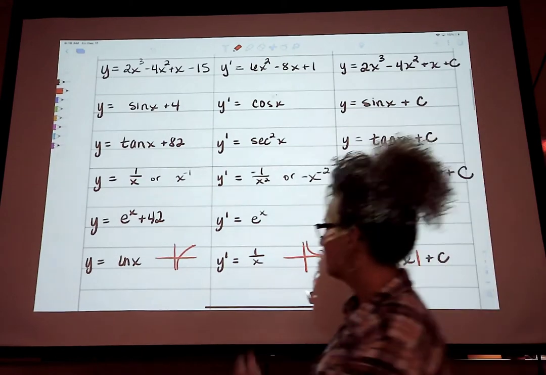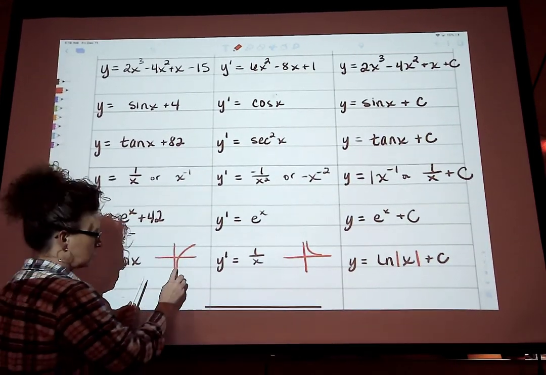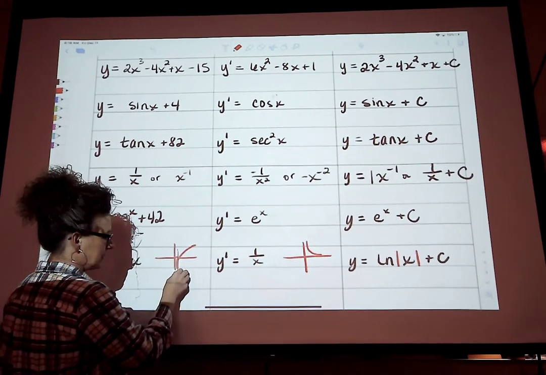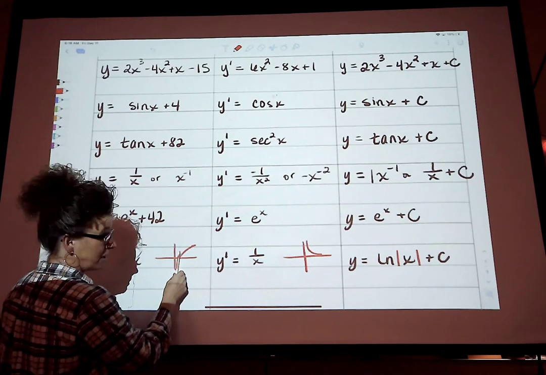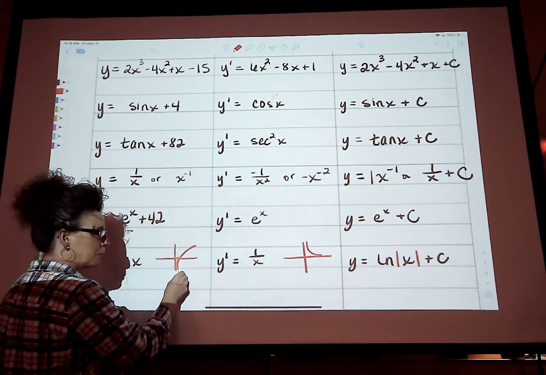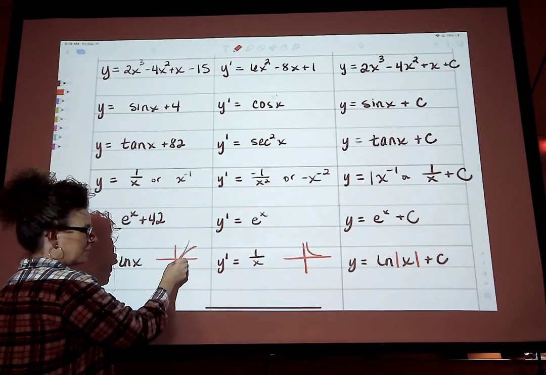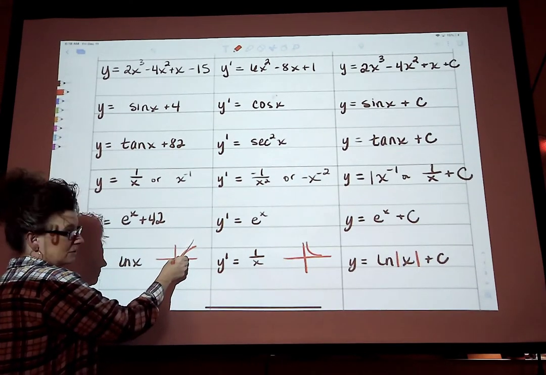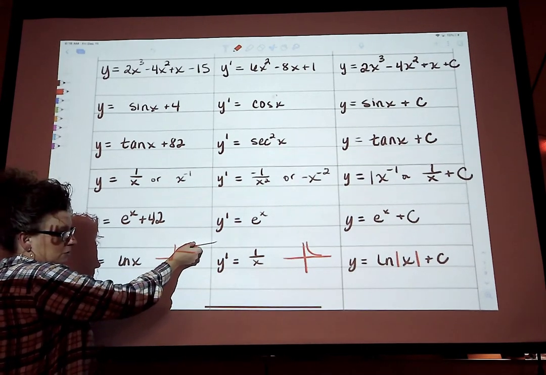Think about this. Do a toothpick test on natural log of x. So way over here, look at my toothpick. My slope is positive and super big. Still positive, still positive, still positive, not as big, not as big, closer, closer, closer to 0.